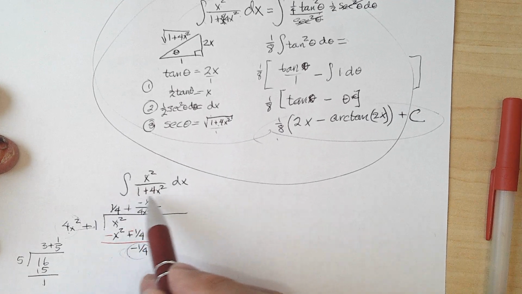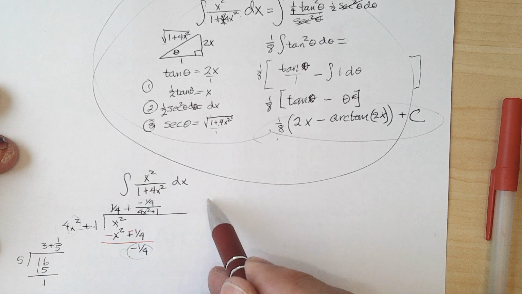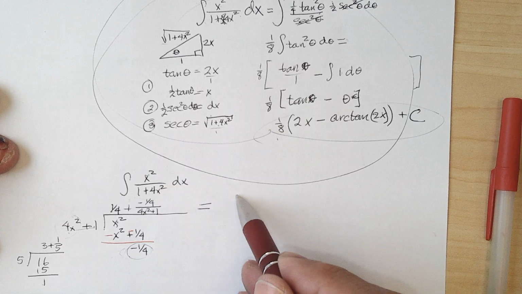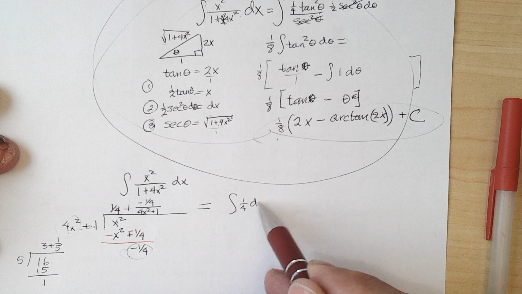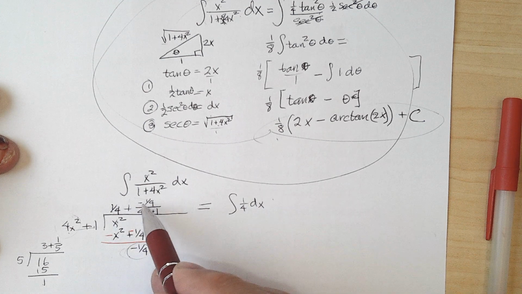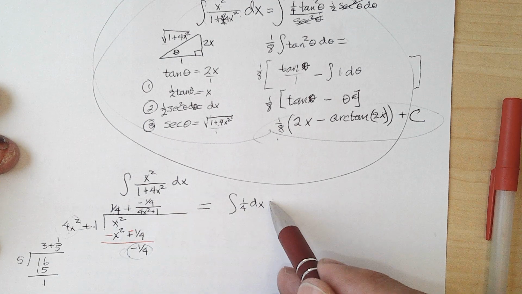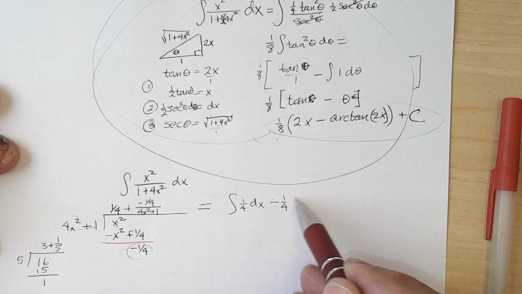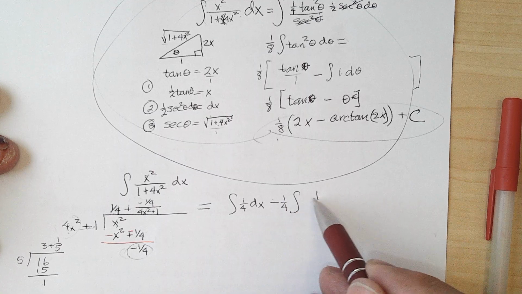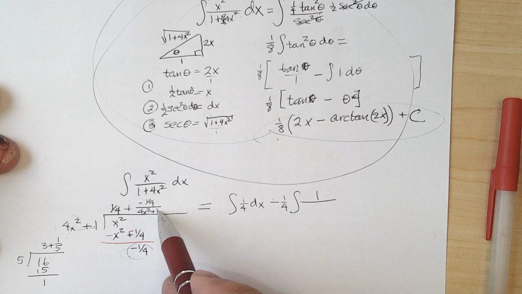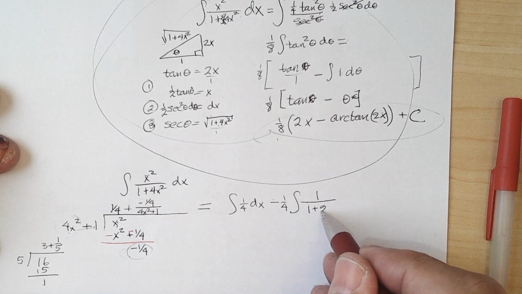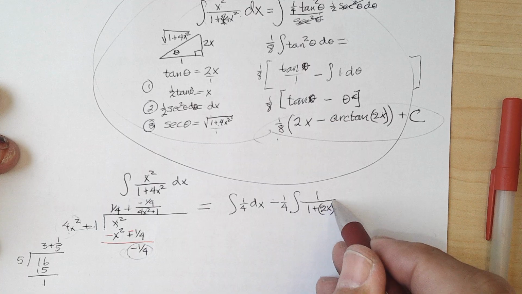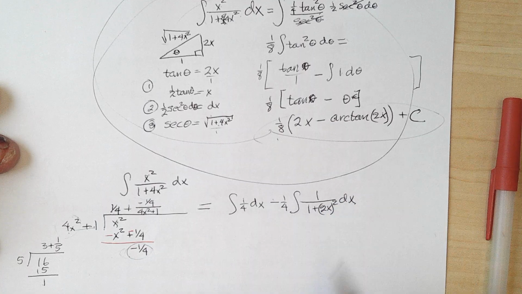So this integral turns into the integral of 1/4 minus 1/4 times the integral of 1 over this, which is 1 plus 2x quantity squared dx.